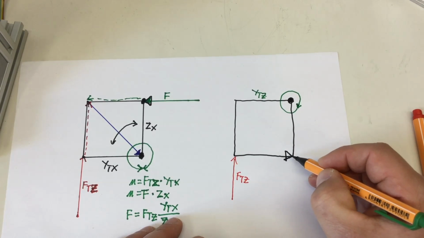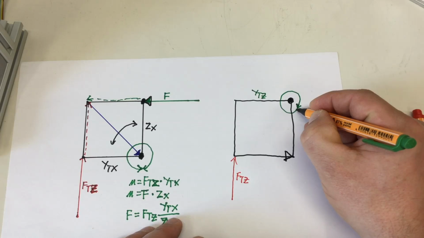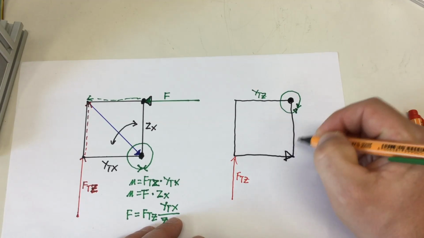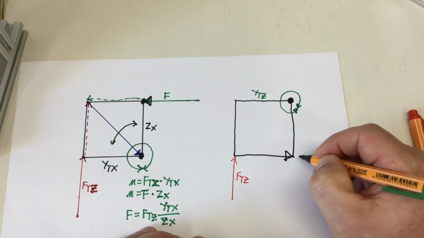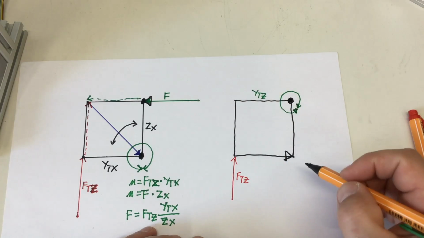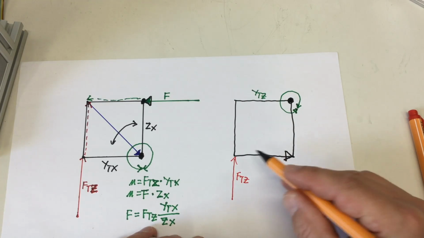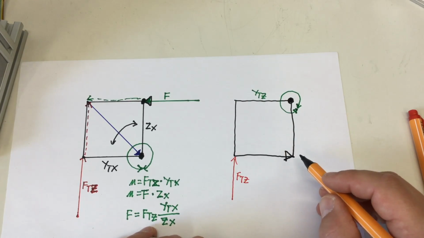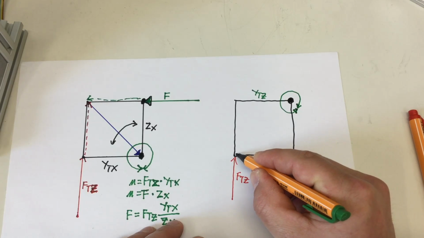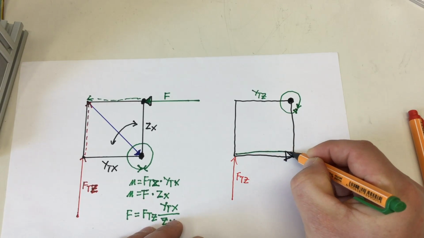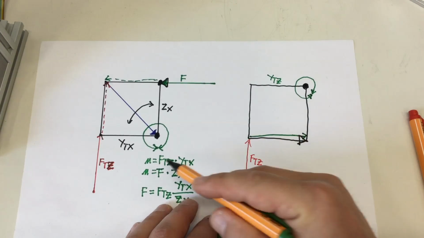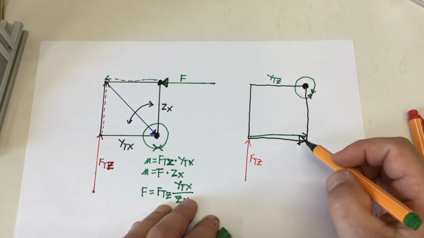So we have to counter here the same momentum like before. Only this time the force goes in this direction. It's the same formula, only the other way around.